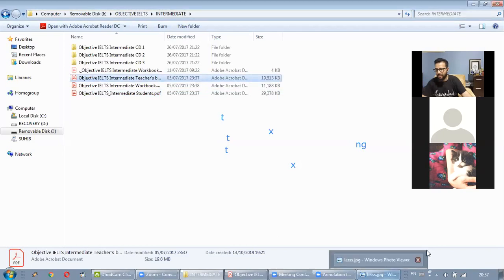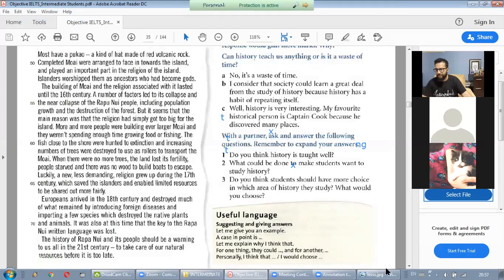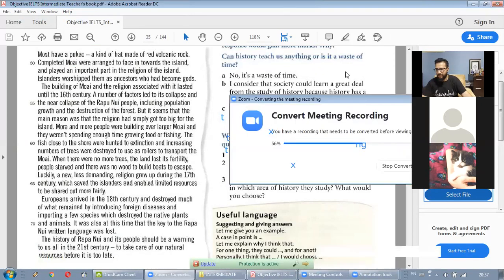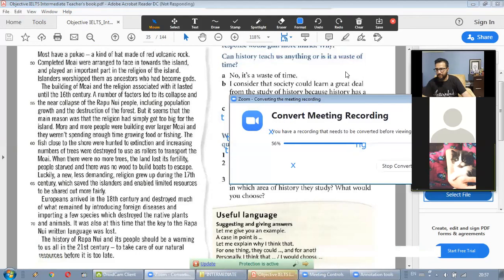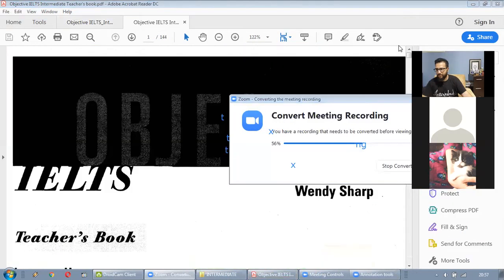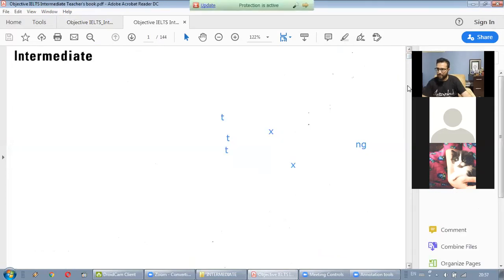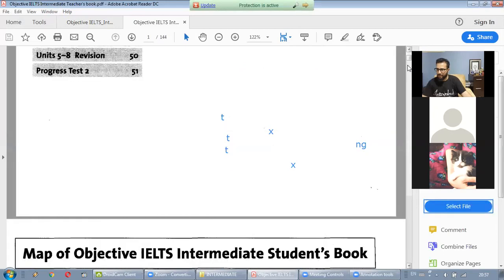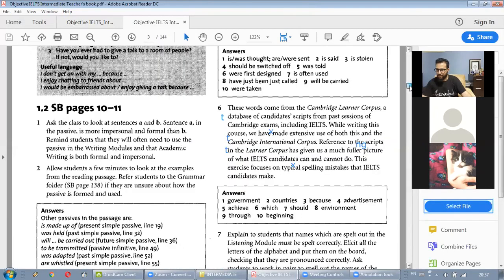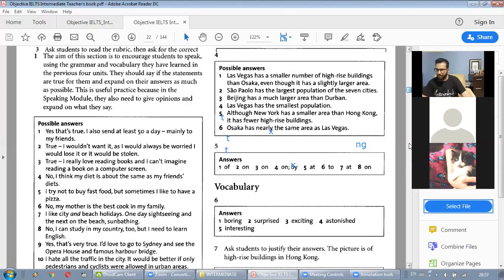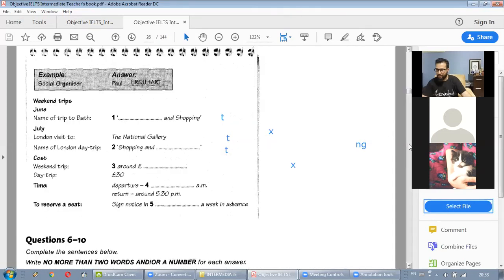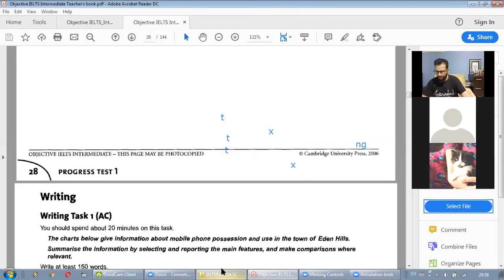Okay, so this is unit. Let's check again the book.